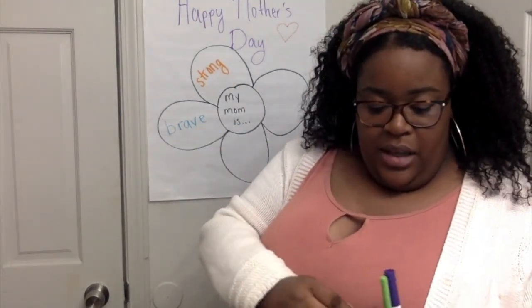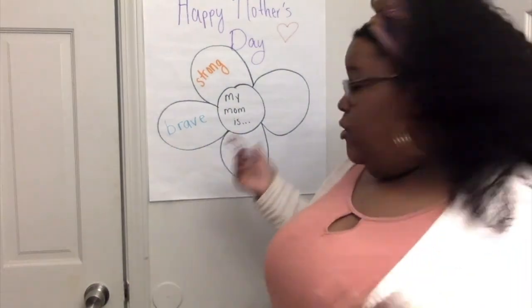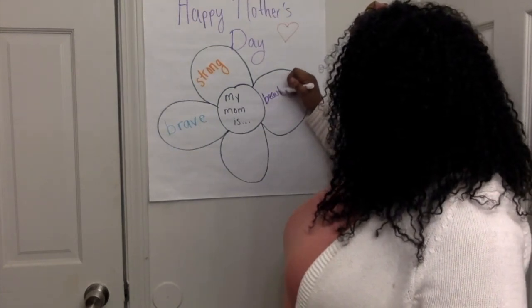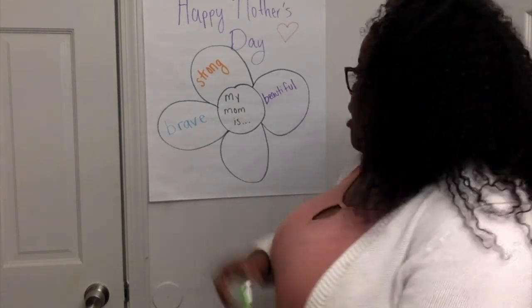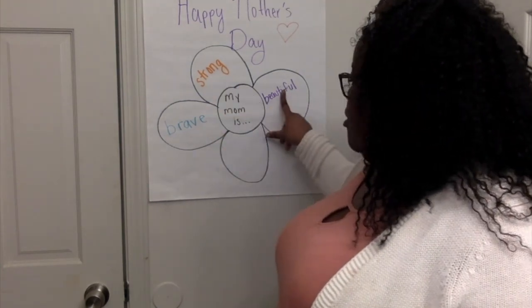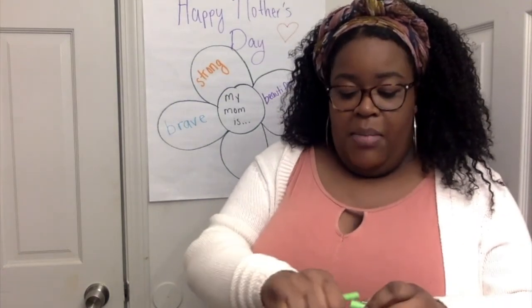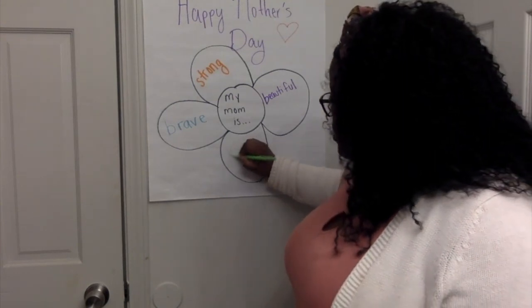All right, I'm going to think of some other adjectives to describe my mom. Oh, another thing, my mom is beautiful. So I'm going to write beautiful. That's a long word, but beautiful. So far I have strong, brave, and beautiful. And I'm going to think about one more adjective to describe her. My mom is very kind. She's a very kind woman. So I'm going to write kind.